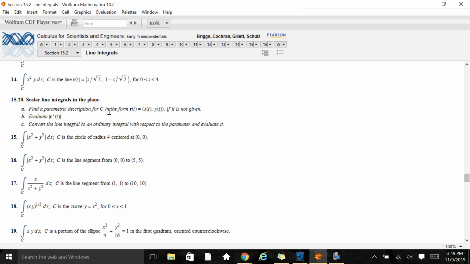Find a parametric description for C in the form, if it's not given, evaluate r prime of t, and convert the line integral to an ordinary integral with respect to the parameter and evaluate it. So just try number 15 and number 17. That should work out pretty well. Actually, never mind. Let's do number 17 and number 18. I like that one a little better. So no number 15. Let's do number 17 and number 18.